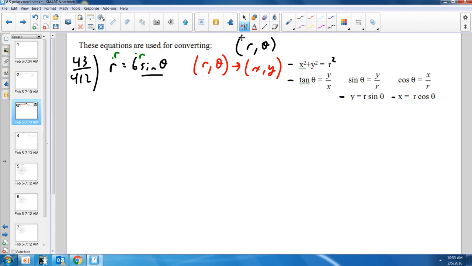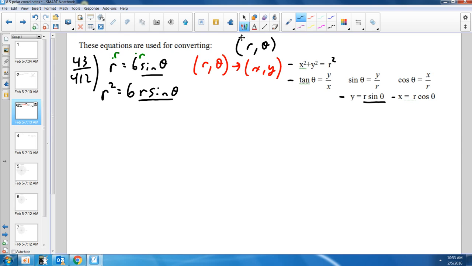So I'm going to multiply both sides by r, and when I do so, I get r squared equals 6r sine theta. At this point, this is exactly the same thing as this, so I can substitute in a y now for that, and my r squared is the same exact thing as this r squared, so I can substitute in x squared plus y squared, and I'm done.